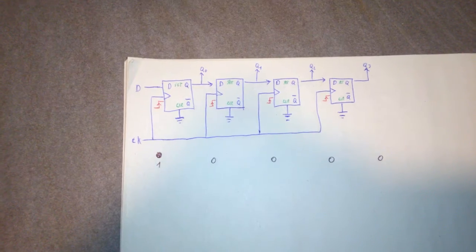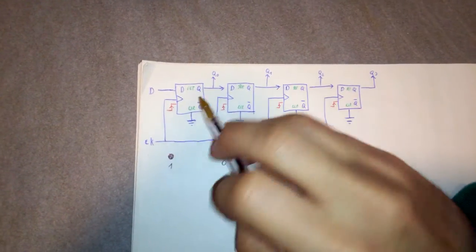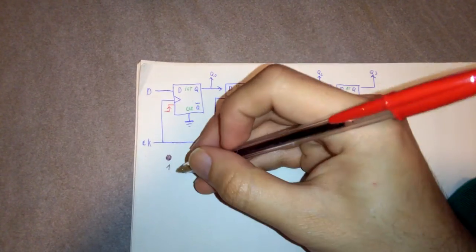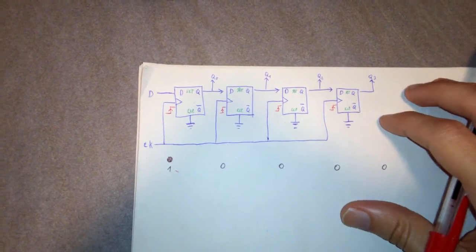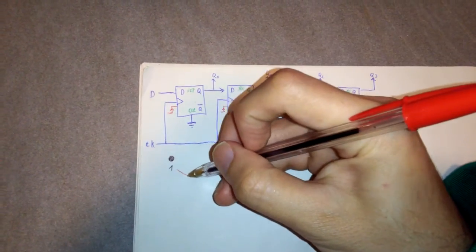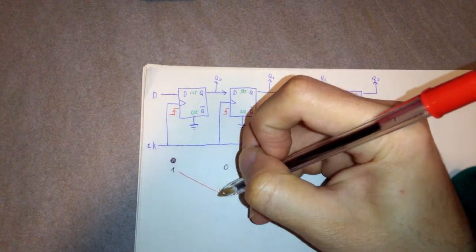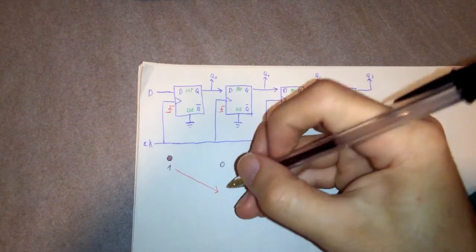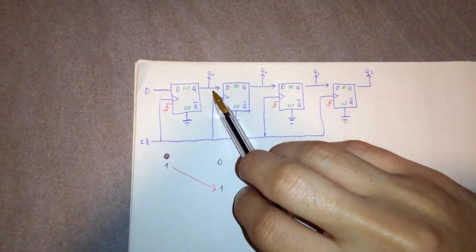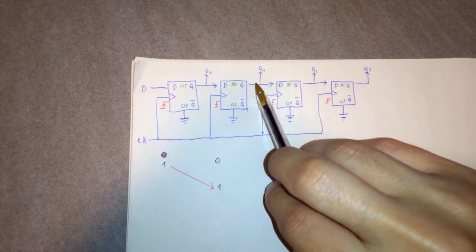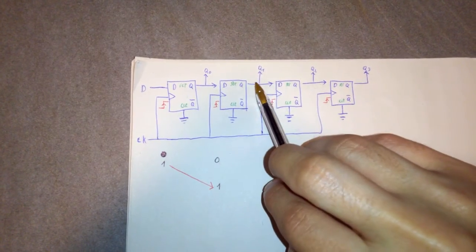So this one is going to go to here, and we're going to have this one here at the next cycle, so at the next clock. So it's actually going here, and we get 1. From here, the 0 is going to be passed through here.